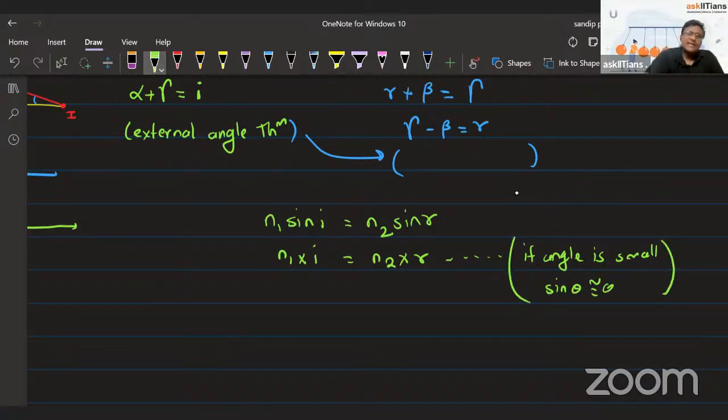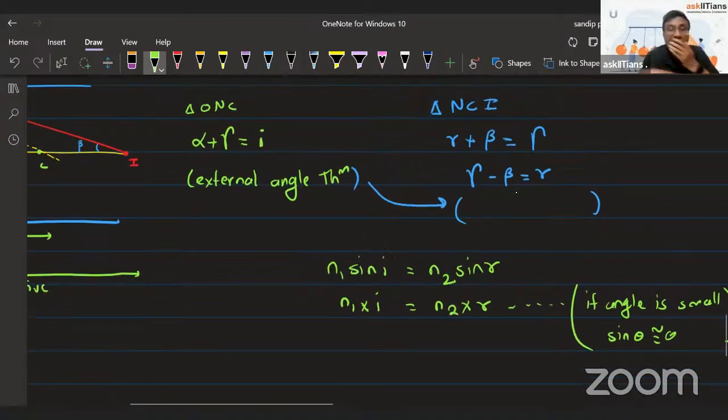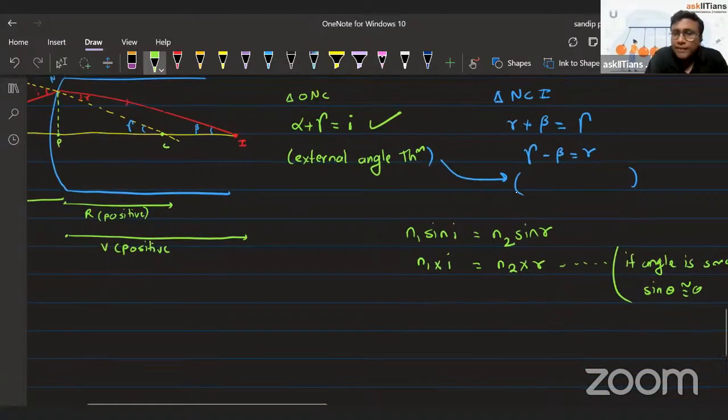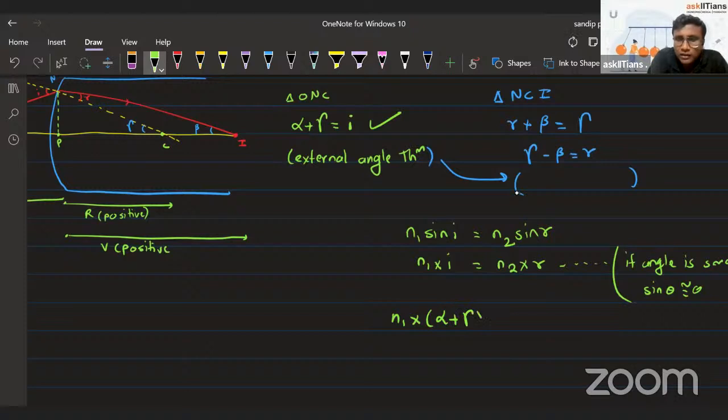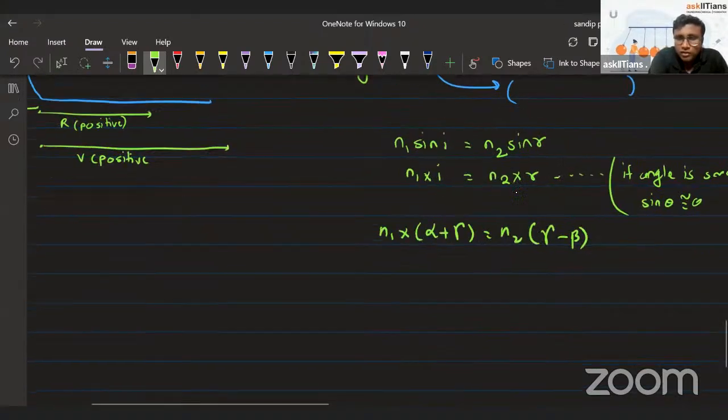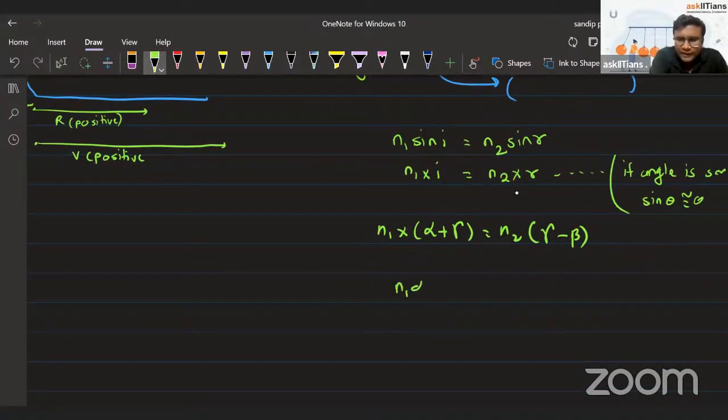So sin I is I. Now angle I is alpha plus gamma, so use that: N1 into alpha plus gamma is equal to N2 into R, and R is gamma minus beta. So N1 alpha plus N1 gamma is equal to N2 gamma minus N2 beta.